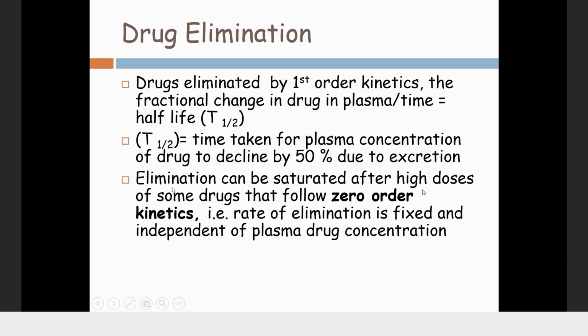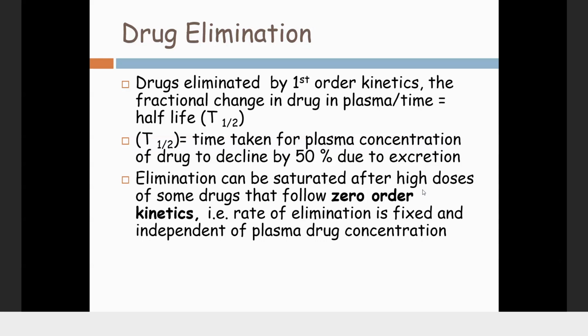Elimination can be saturated after high doses of drugs, which then follow zero order kinetics. So when the elimination process is saturated after high doses, it will follow zero order kinetics. The rate of elimination is fixed and independent of plasma drug concentration.